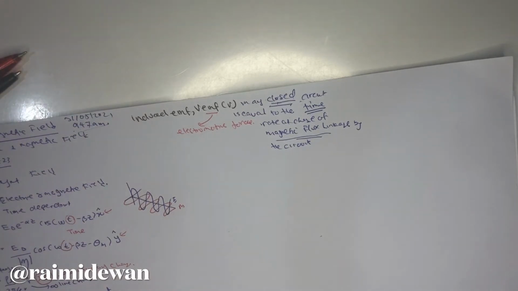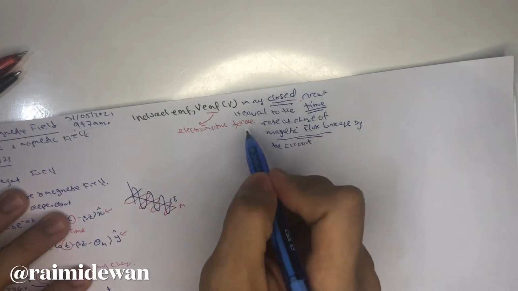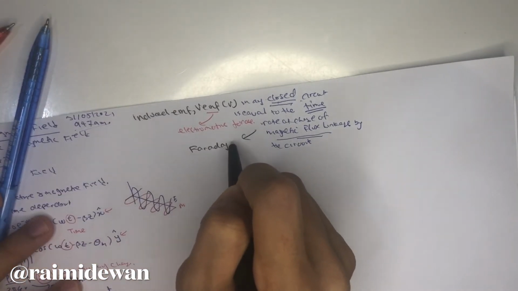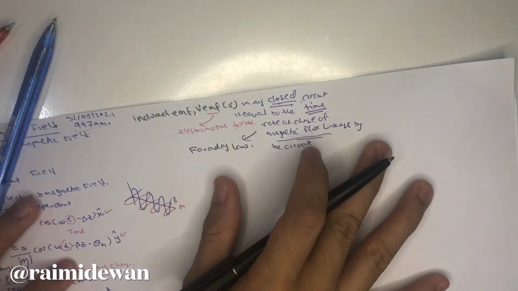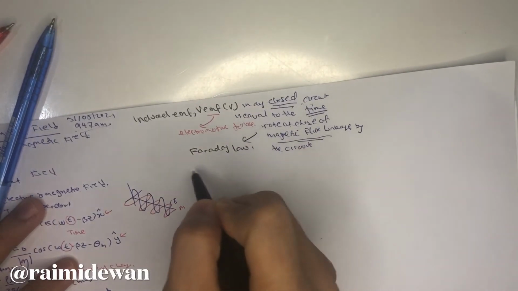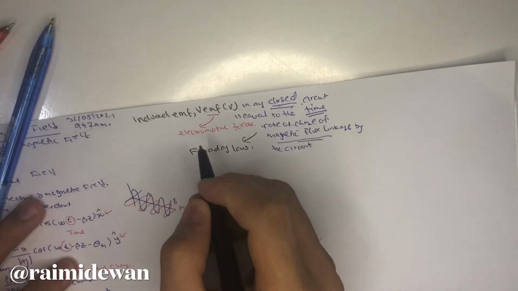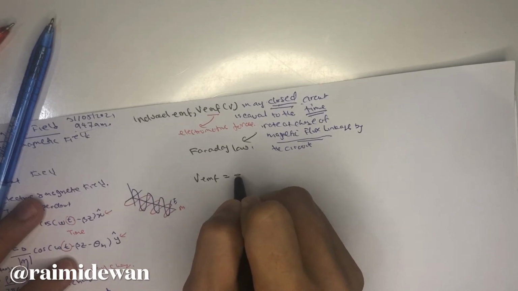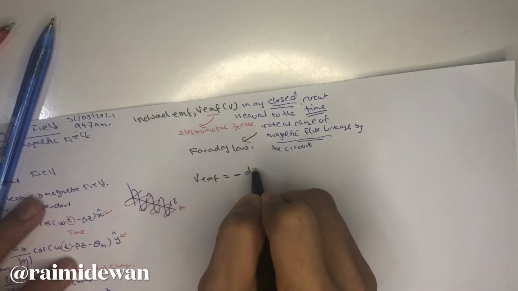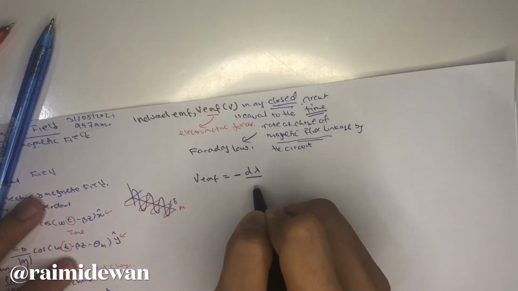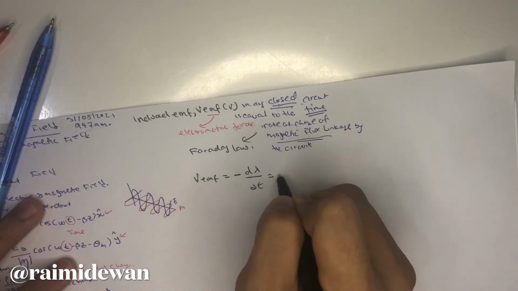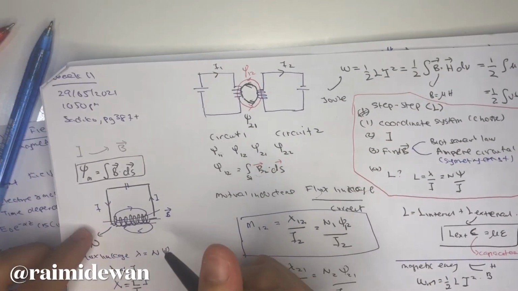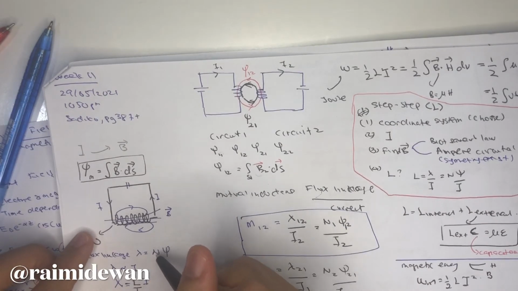So this one is called Faraday's law. If we want to put it into an equation, VEMF equals negative d lambda, your flux linkage, over dt, where lambda is equal to N flux.